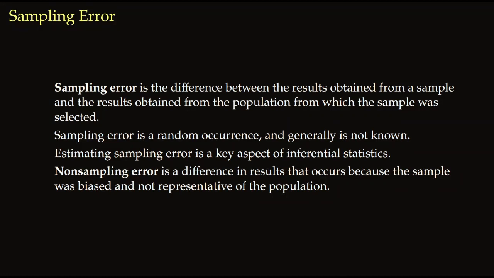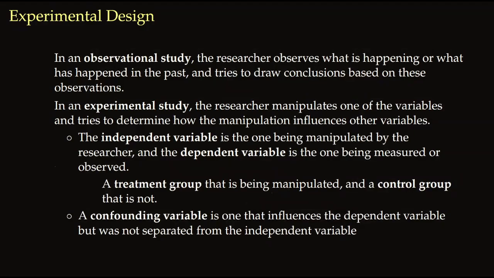If I sample only horse jockeys, I am going to have a very biased sample. That is non-sampling error. I didn't choose a good way of sampling, and because of that, I have an error. Or if the other extreme, if I choose to sample only professional basketball players.